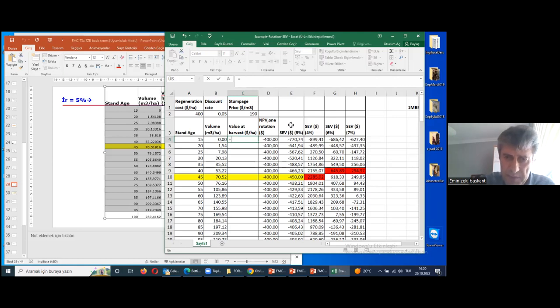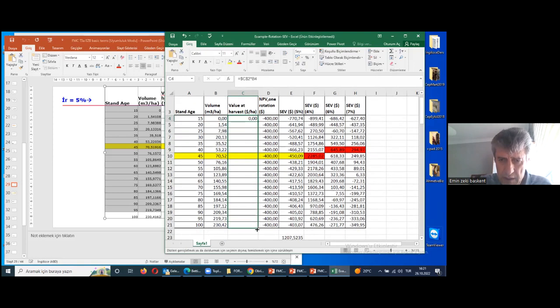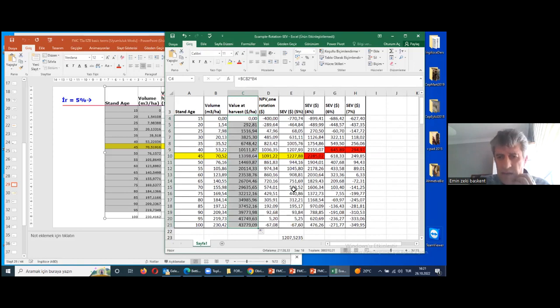Stumpage price is 190. We'll make it static and multiply by the amount of volume per hectare from column B. Multiply by the unit price, and we'll copy and paste to the other cells.